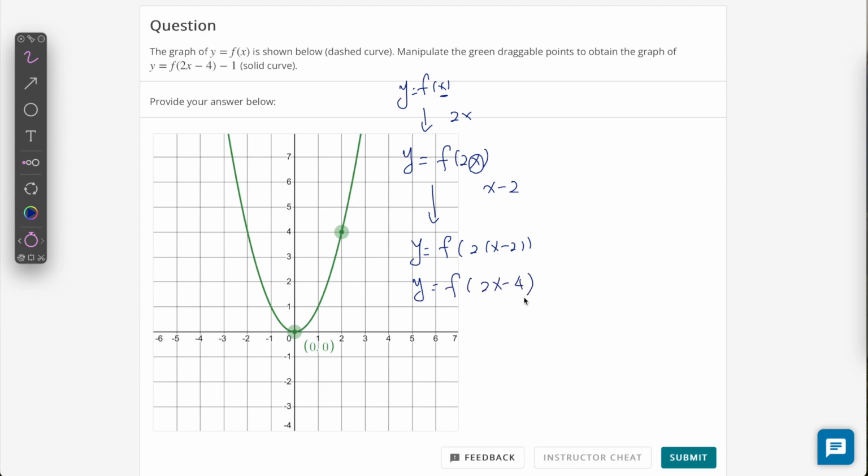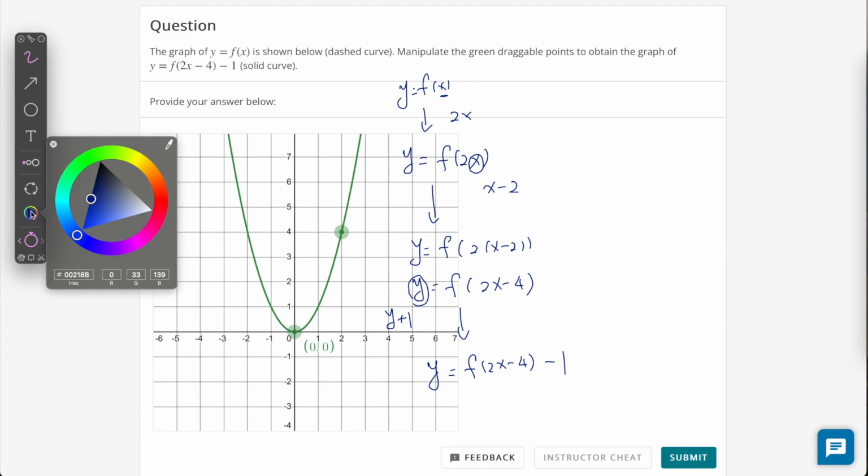And then the last step I need to do is replacing y with y plus 1, right? Circling this little y here, so that 1 will get moved to the right side. It becomes negative 1. So that's a sequence of construction.